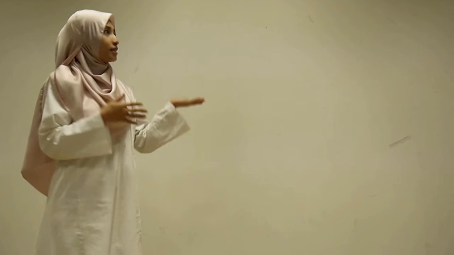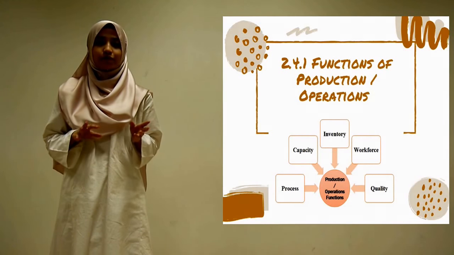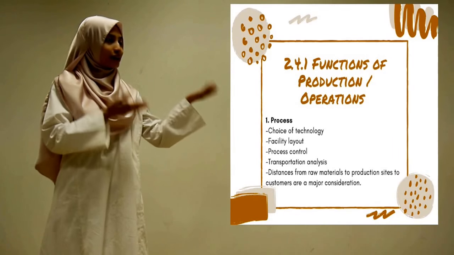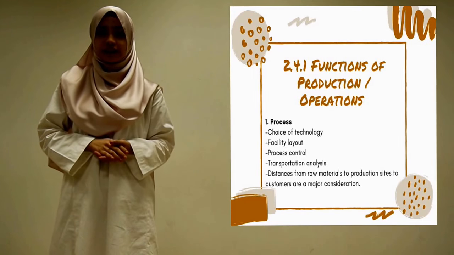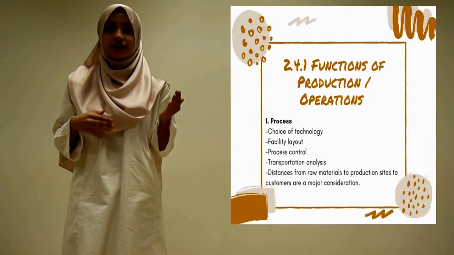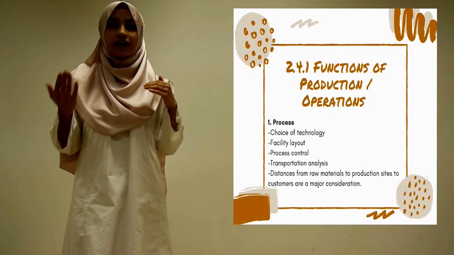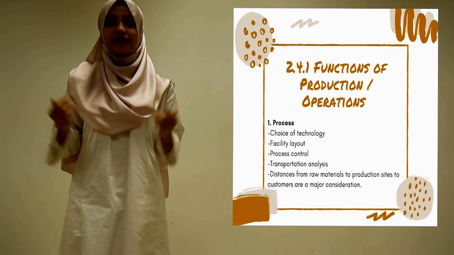I will proceed with the basic functions or decisions within production and operations, which is firstly process. This decision includes choice of technology, facility layout, process flow analysis, facility location, line balancing, process control, and transportation analysis.